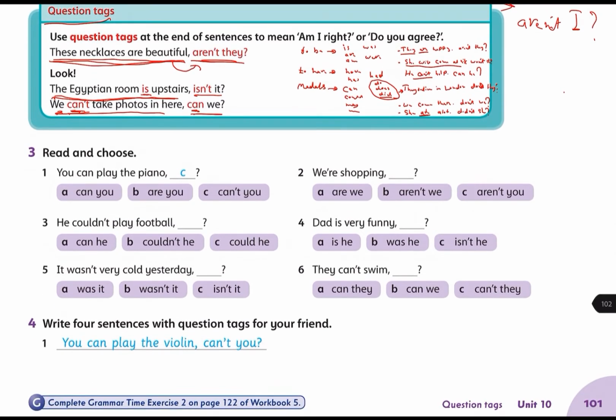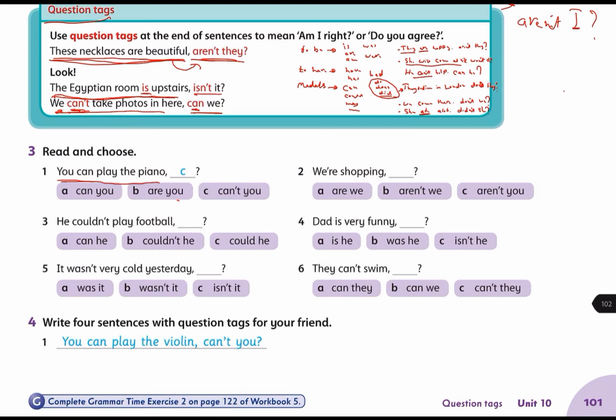Dear students, look here. We have some more examples, and also an exercise. Please read it and choose the right answers, as number 1 is done. You can play the piano. Can you, are you, can't you? Our sentence is a positive statement, and we have can with you, so our question tag should be negative.